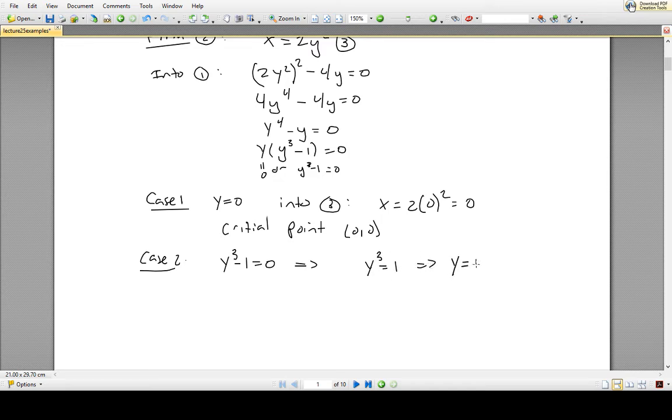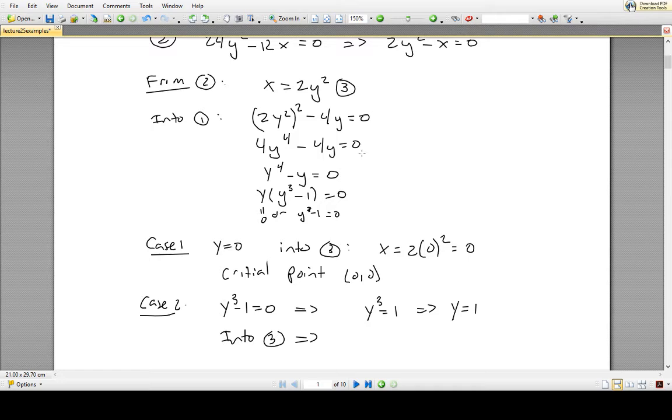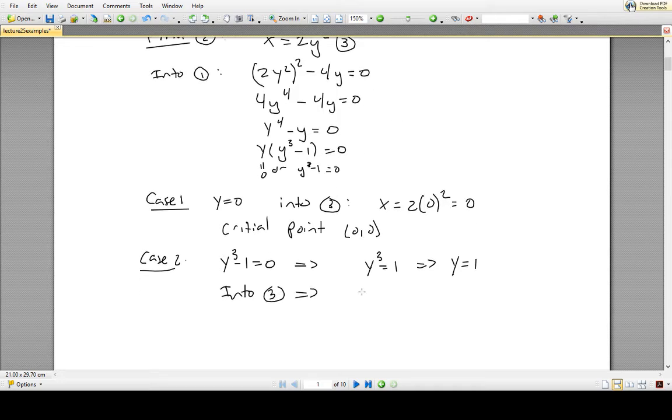Now, if we plug y equal to 1 back into equation 3, I get x is equal to 2 times 1 squared, which is just equal to 2. So another critical point is the point x equals 2, y equals 1.